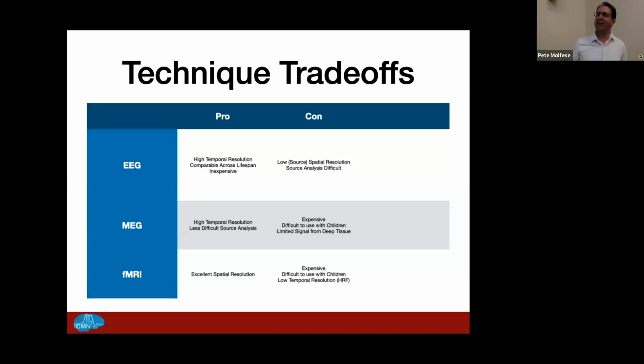So just to take the big three, or I could probably expand this to be the big six at this point, there are pros and cons for each of these techniques. EEG and MEG both have very high temporal resolution. EEG tends to have lower spatial resolution, especially compared to MEG, but EEG is very cheap.